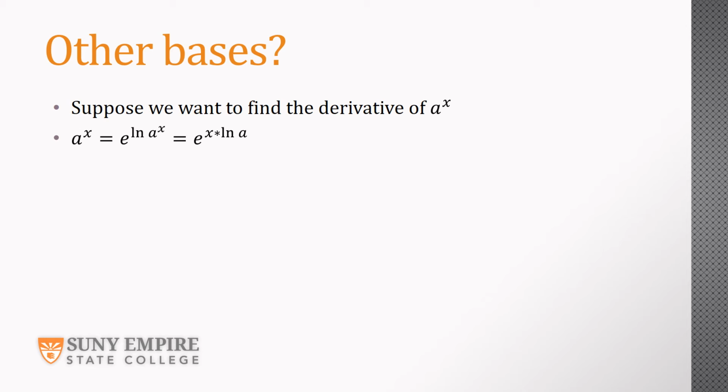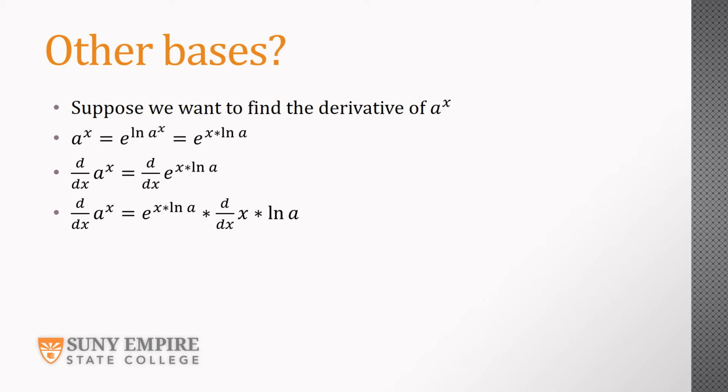So we are left with e raised to the power of x multiplied by the natural logarithm of a. So the derivative with respect to x of a raised to the power x is equal to the derivative with respect to x of e raised to the power of x multiplied by the natural logarithm of a.